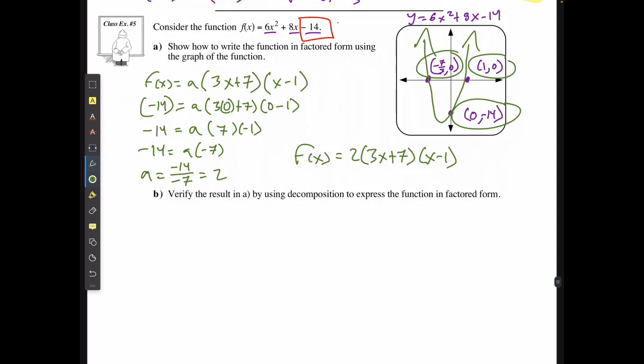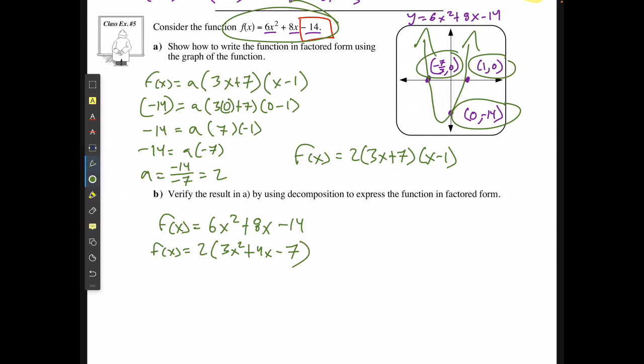We can factor this original function and we should get the same result. So first, I would state that f of x is equal to 6x squared plus 8x minus 14. I'm going to pull out the common factor of 2. And I'm left with 3x squared plus 4x minus 7. Then if I'm using my decomposition method, I'm going to multiply the coefficient of x squared and the constant and get negative 21.